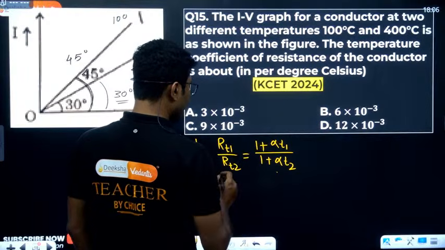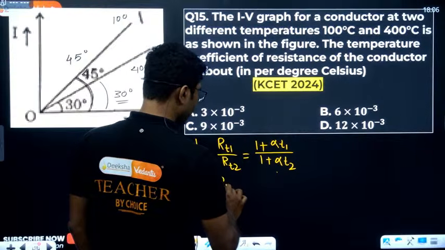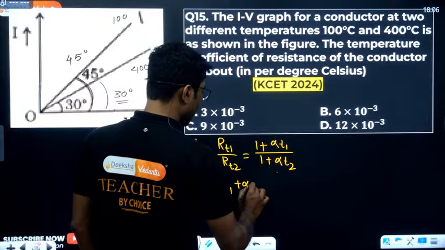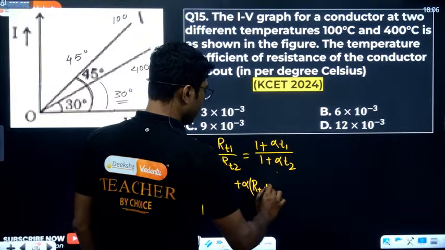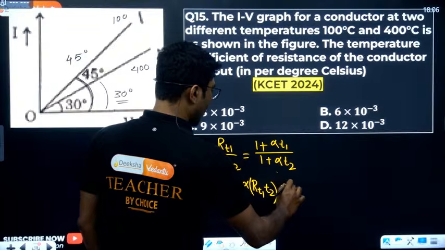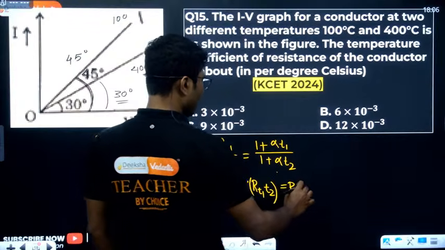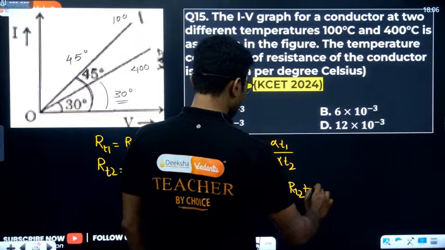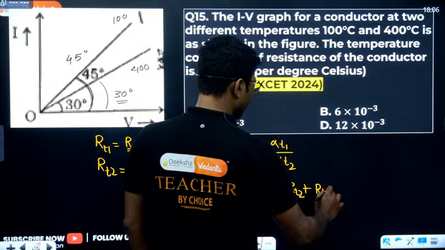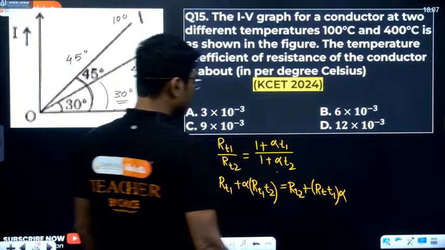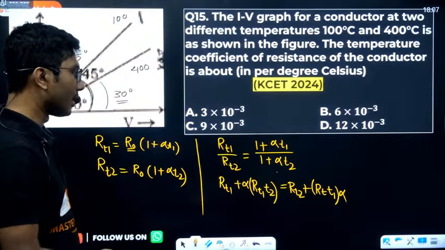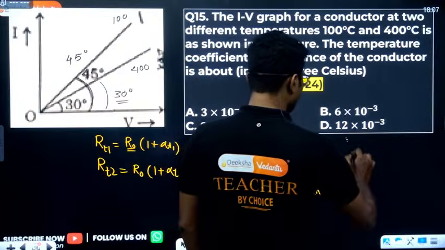So do the cross multiplication, you will get RT1 plus alpha RT1 into T2 equals RT2 plus RT2 T1 into alpha. Okay, so take alpha's value on one side and the remaining quantities on the other side.